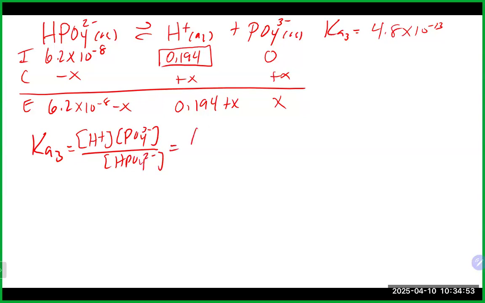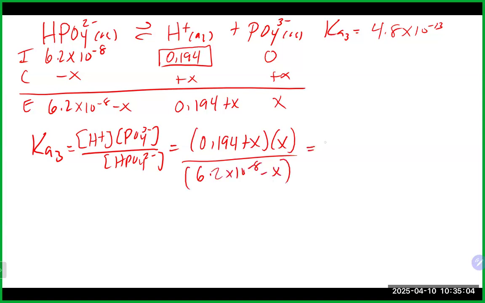Popping those numbers in, 0.194 plus x times x divided by 6.2 times 10 to the minus 8 minus x. And that's going to equal our Ka3 value there, 4.8 times 10 to the minus 13.